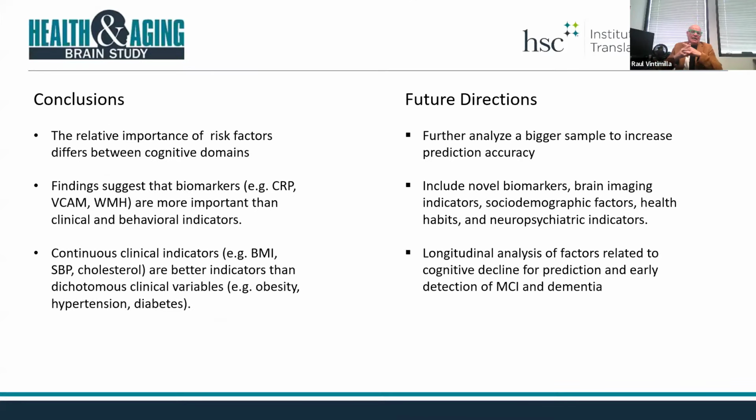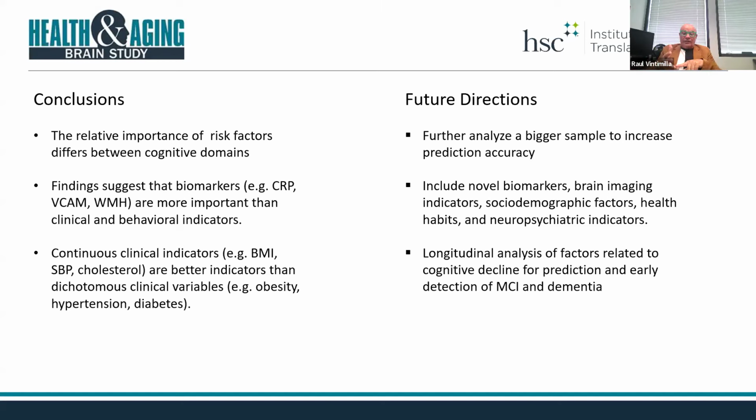So really, when we see and compare the 10 main risk factors in each one of the domains and choose the 5 that are present in the majority of domains, we really find that biomarkers, especially AB40, AB42, CRP are in the top.